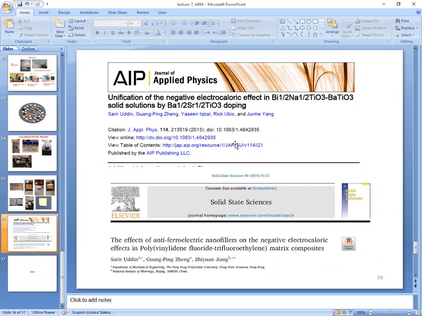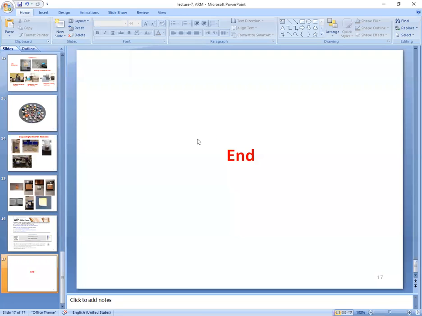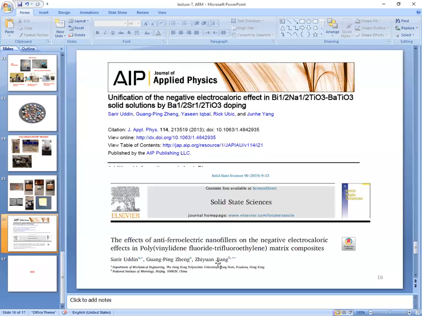So you can search this paper also, and understand how the sol-gel method can be utilized to make the BNT, BT, BST compound. It is called a tertiary compound or tertiary structure. So that is all for today's lecture.